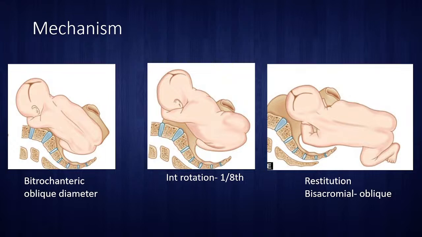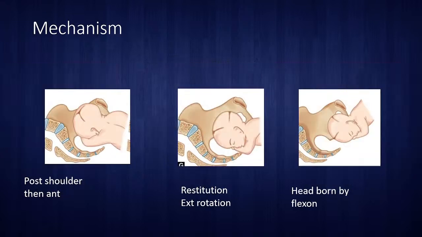So, the anterior breech, then posterior breech comes out, then the posterior shoulder is delivered first because of the curve, then the anterior shoulder is delivered, then the head is born by flexion. So, these are the gross steps in which the fetus delivers in breech presentation.